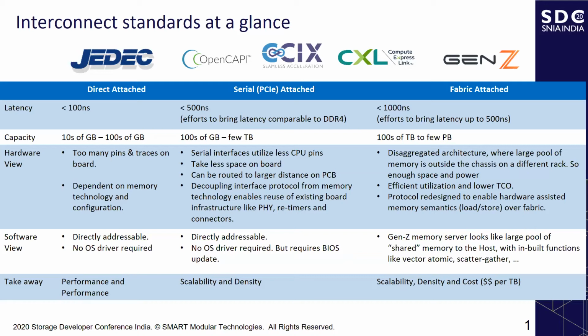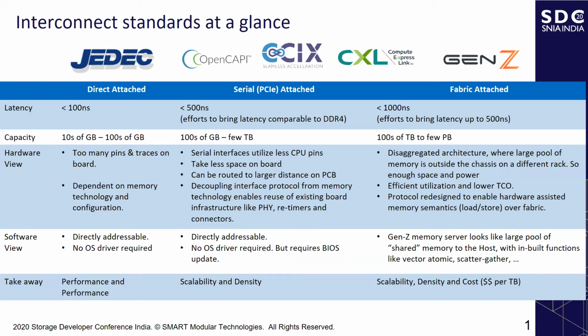The fabric attached, what we spoke of earlier, has latencies of thousands of nanoseconds, or actually 1 microsecond, and efforts are being made to bring it down by half. But if you compare the capacities, the direct attached memories, like the DDRs, can go up to hundreds of GBs. The serial attached can go to a few terabytes. But fabric attached can actually scale to hundreds of terabytes to petabytes.